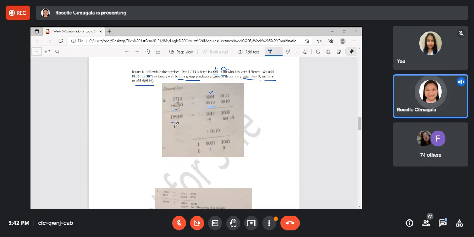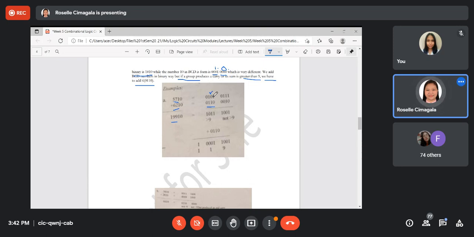Because this is BCD addition, what happens is we add the first digits, 7 and 2, which is 9. This one is not greater than 9, so we bring down 9. Its addition is different, it's not normal addition.